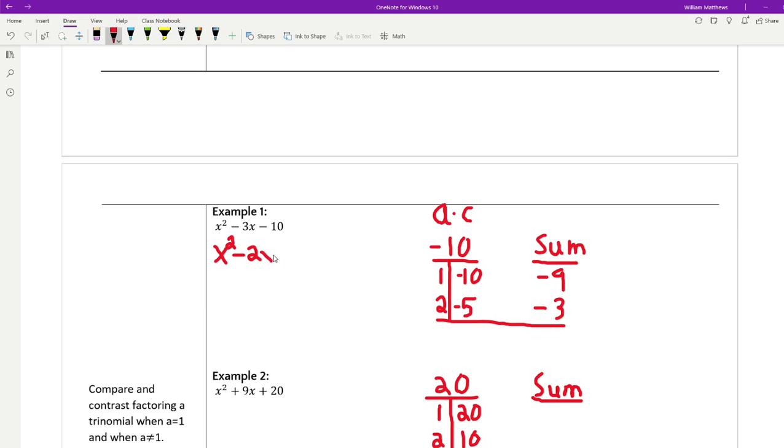So we have the +2x, and the -5x, and then our -10. Yet again, we reverse the step from multiplying polynomials, where we broke down our middle term.